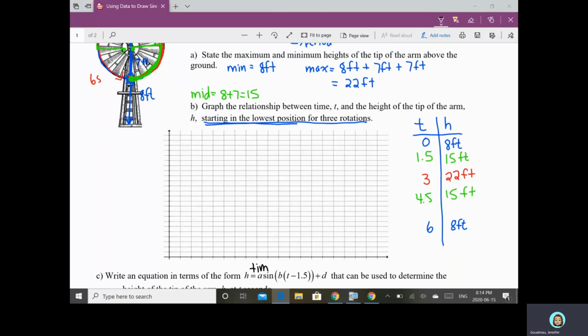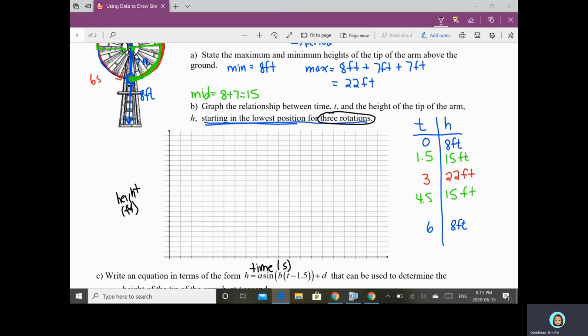Okay, so now we need to label and scale our axes. X is the time, which is in seconds. The height is in feet. Now, for time, we need to go from 0 to 6, but we need to be very, very careful. We want to go through 3 rotations. So I need to go up to at least 18 seconds because each rotation is 6 seconds.